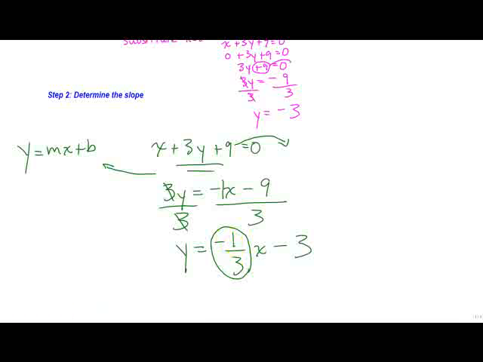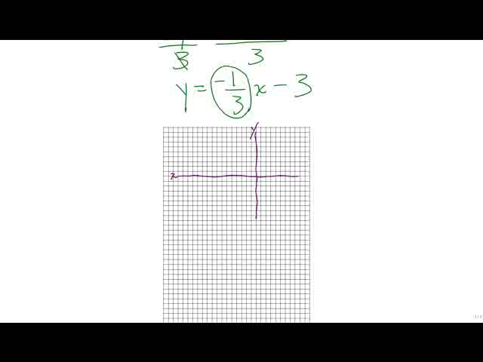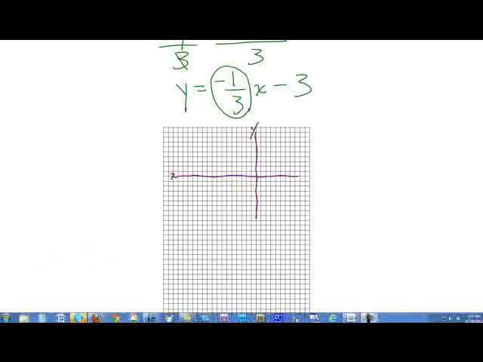So we're going to go ahead and quickly graph this using our newly found information. First off, I have to apologize for my graph. It is not the prettiest, but it's just a quick representation to show you how to graph this. We previously determined that our x and y intercepts were negative 9 and negative 3 respectively.